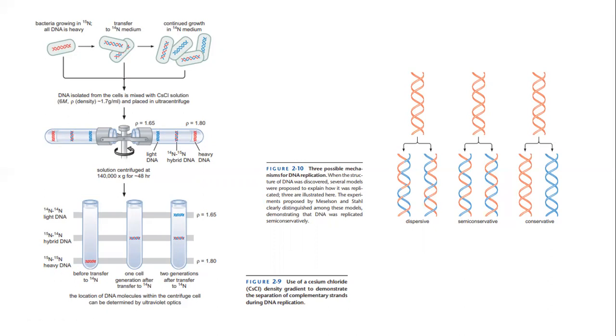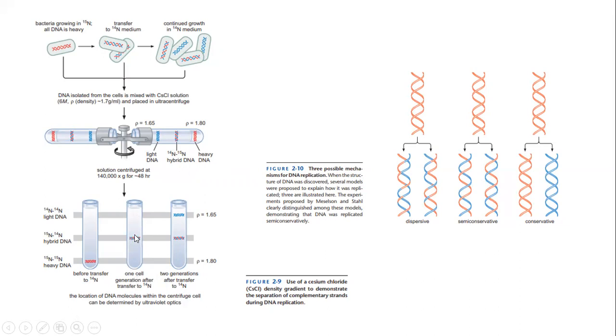The bacteria transferred to N14 medium after one generation in N15 had one type of band that is a hybrid. That means one band with N15 and the other with N14.